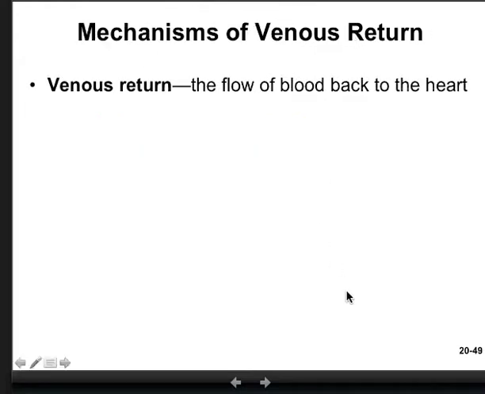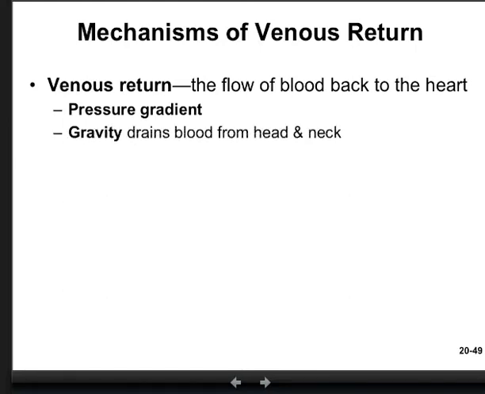So venous return is the flow of blood back to the heart, and it relies on a pressure gradient. Blood pressure is the most important force in venous return. About 10 millimeters of mercury venous pressure toward the heart is what's required.